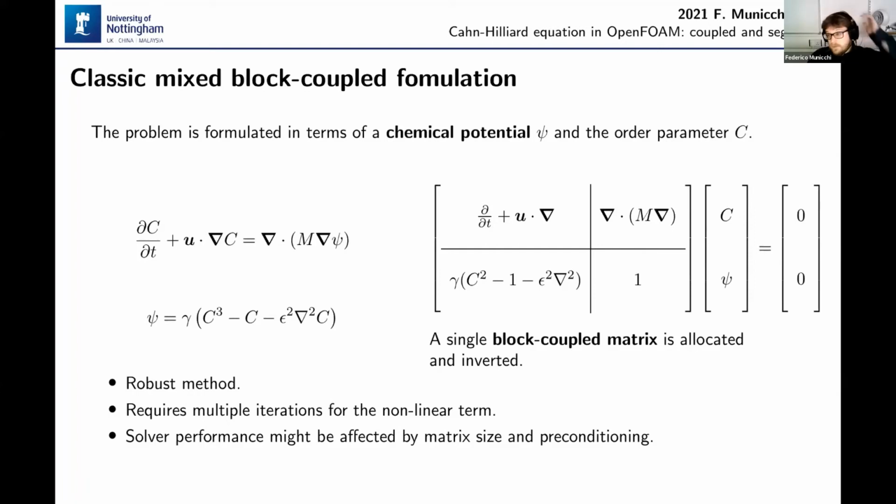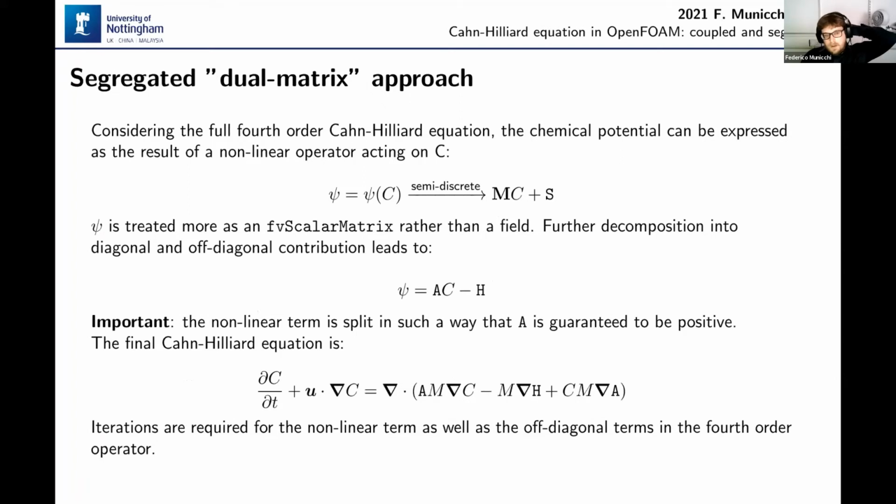So another approach I came up with is what I call the dual matrix approach. In this case, the chemical potential is not really necessary. You can see the chemical potential as a nonlinear operator that acts on the parameter C, and representing it in semi-discrete form, you can represent it as a matrix that multiplies C plus other nonlinear terms that are all kept explicit.